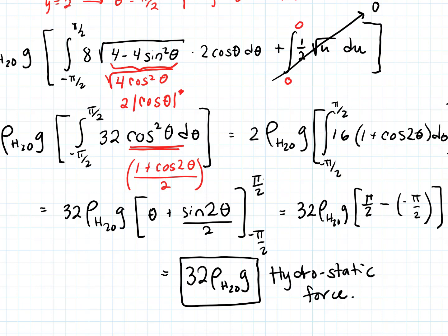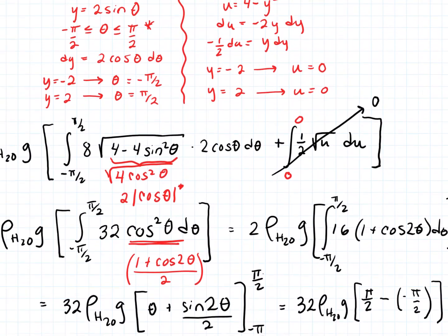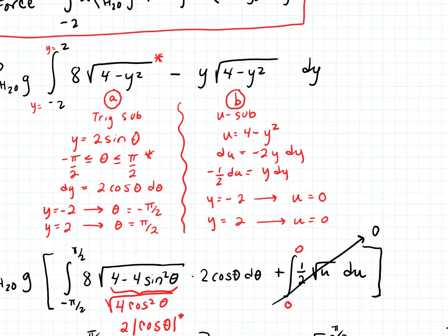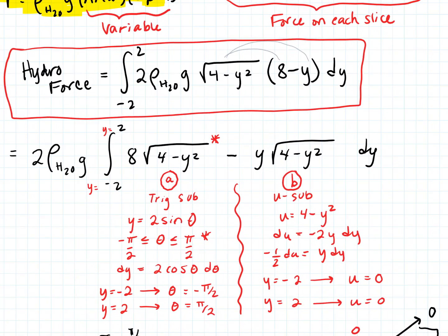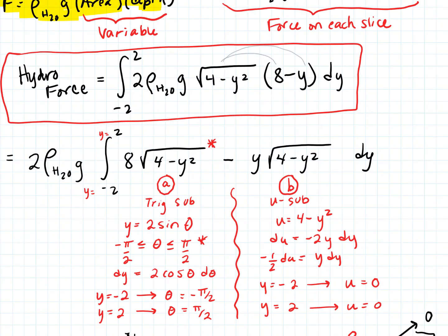So I said at the very beginning, and I want to just jump back to it for just a second, that there was one other way that we could have done this integral that we might have noticed right up here. If I come back here, this particular expression, 8 times 4 minus y squared, I'll just make a little note. There is another way to compute this.